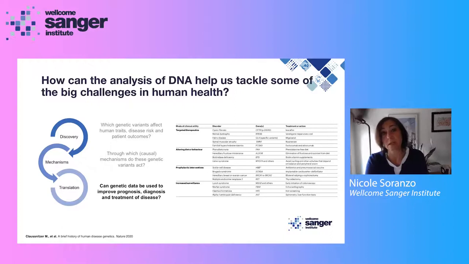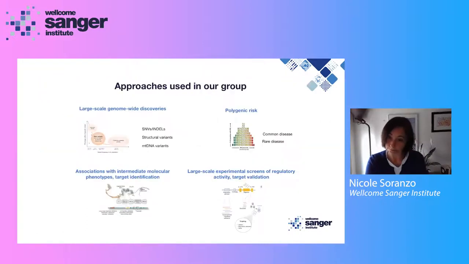So we know, for instance, that genetic variation can identify drug targets that have a higher success rate in drug development pipelines, but for the most part, the wealth of information in genetic studies has not yet been harnessed for therapeutic purposes.